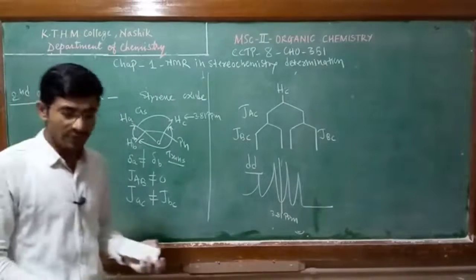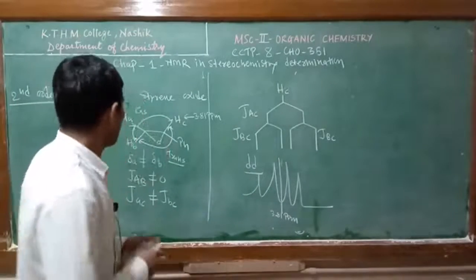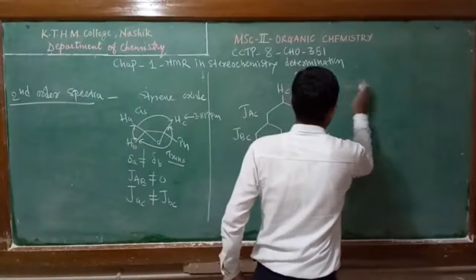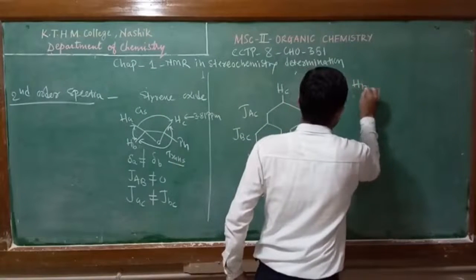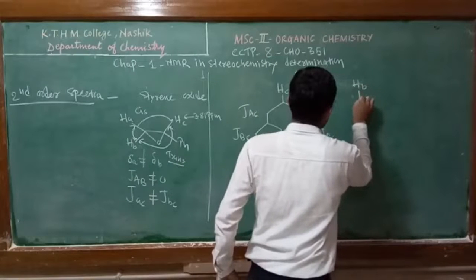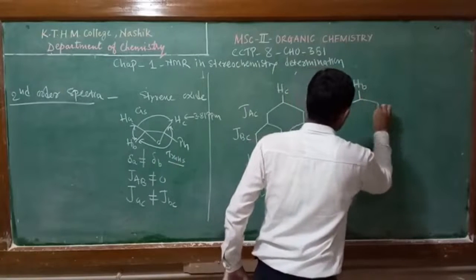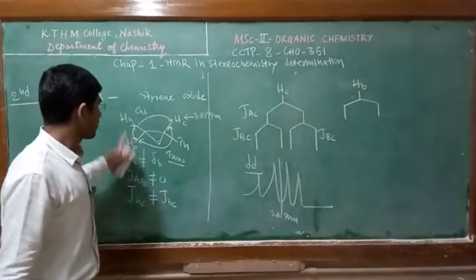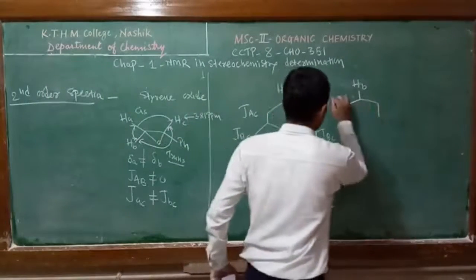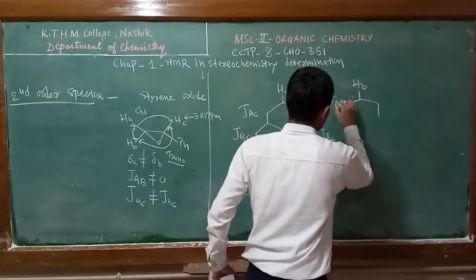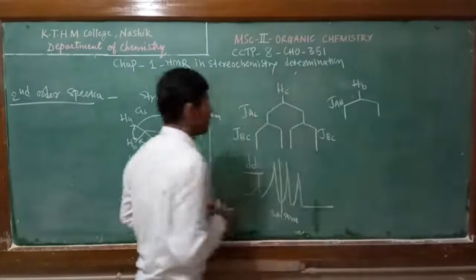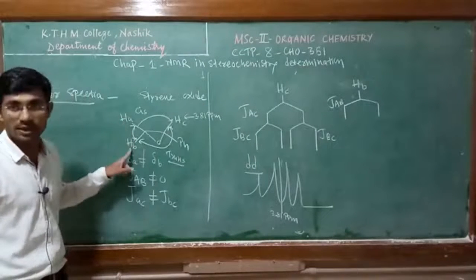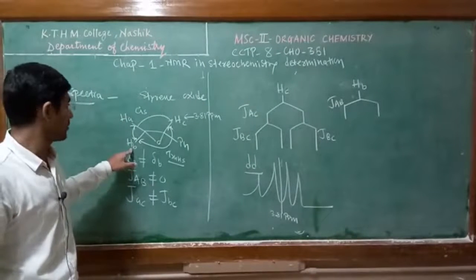In the same way we can examine the other protons also. Hb. The Hb proton firstly shows geminal coupling with the proton Ha. Because of JAB, we get a doublet signal here. So the B proton is coupled with the A proton, so we get a doublet signal, meaning geminal coupling.